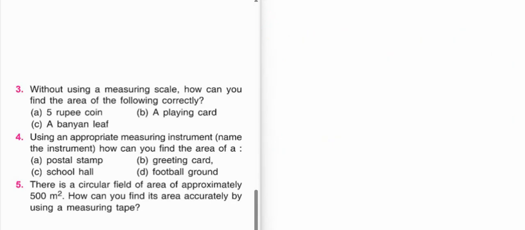प्यारे बच्चों, now question number 5, the last one of this exercise. There is a circular field of area approximately 500 meter square. How can you find its area accurately by using a measuring tape? The area of circular field is given by pi r square.